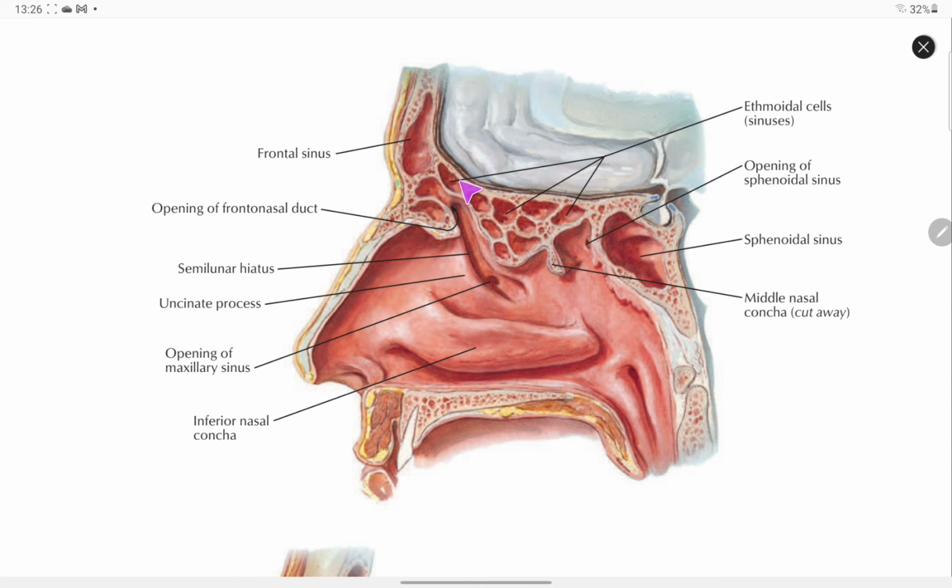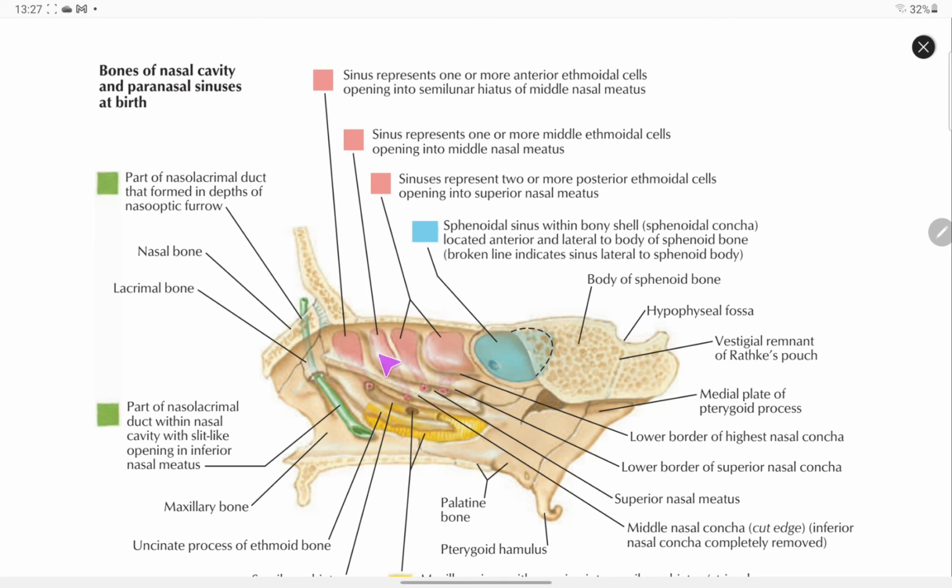Anteriorly, we have the lacrimal bone, and the sinuses are divided into anterior, middle, and posterior parts.